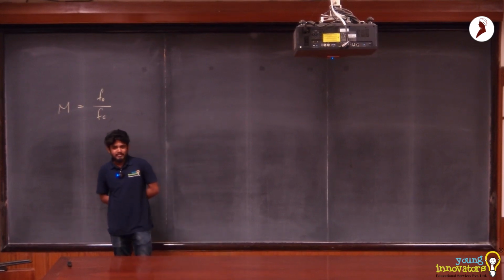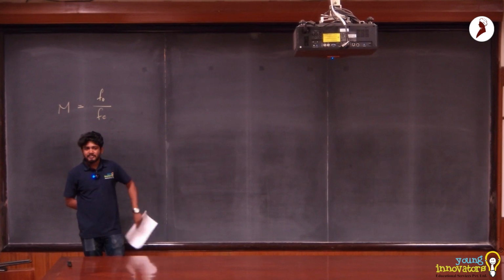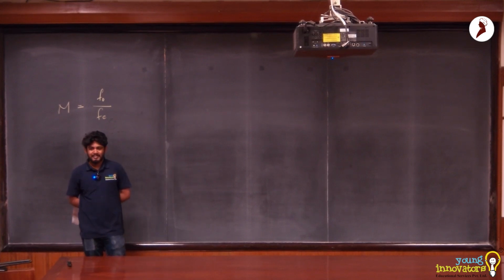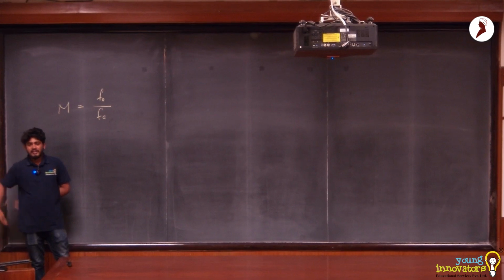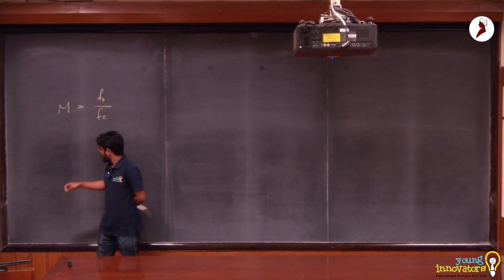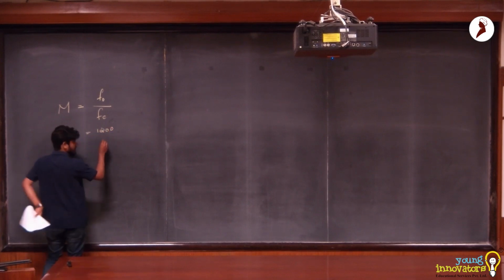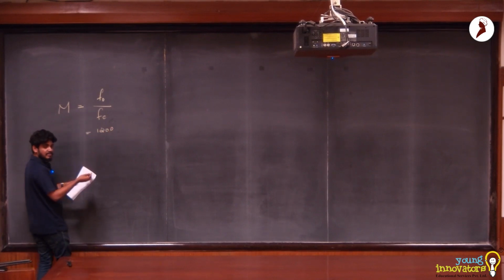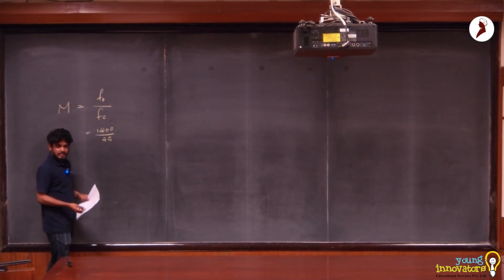Use your calculator. This you don't need a calculator also. This is very simple. So what do you have to do? What is the ratio that comes? What is the step? 25 mm it is, no? Right?